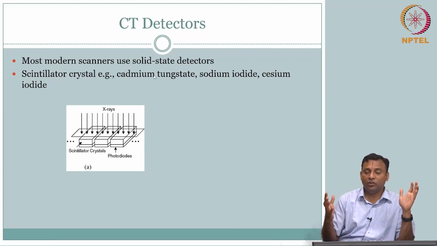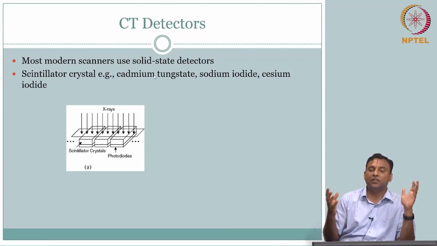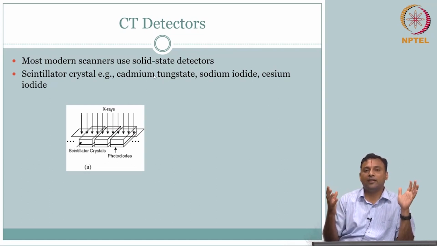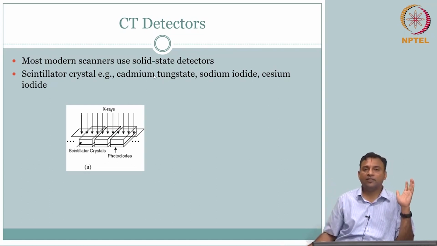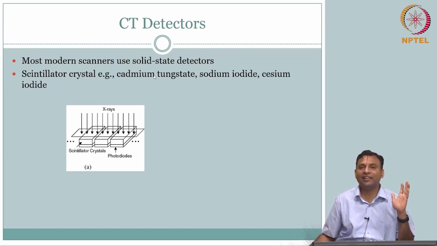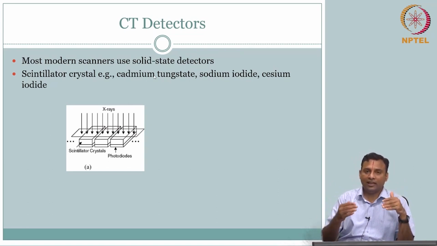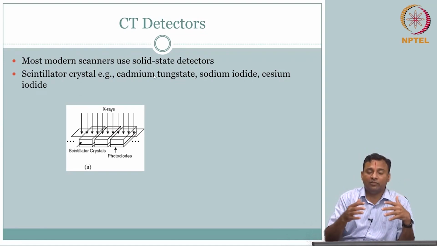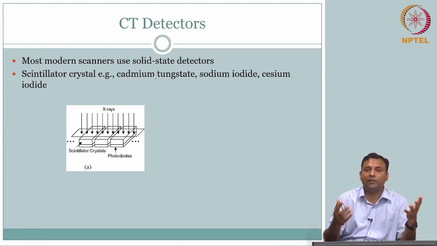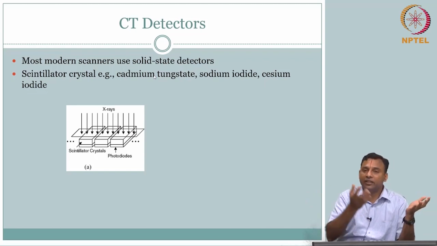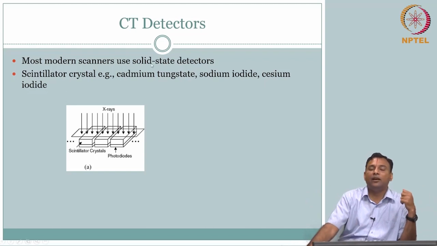So even though CT was first shown to work in the 70s, X-ray projection radiography was about 75, 80 years earlier than that. It is all because it is very interdisciplinary, right, multiple disciplines have to progress. Here the big development came from the detector part of it, mostly due to semiconductor electronics.